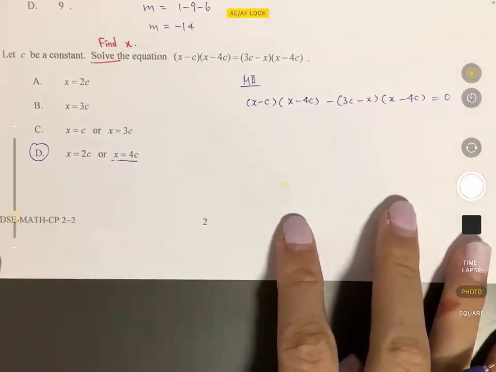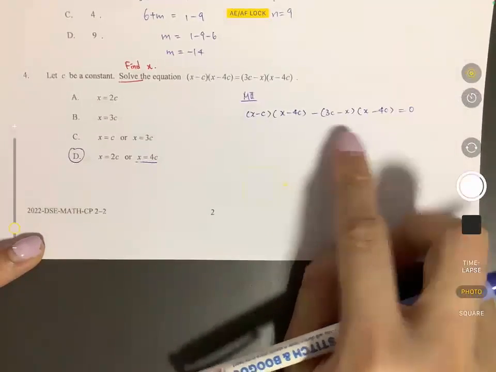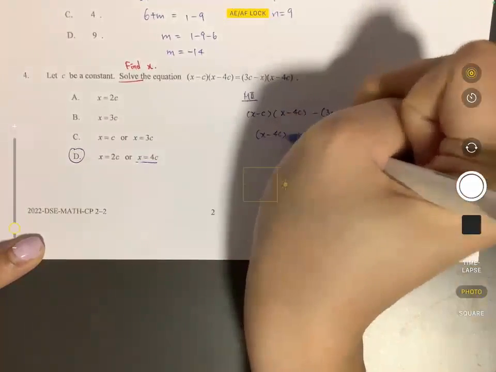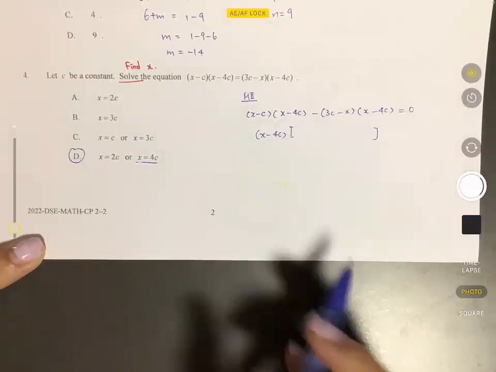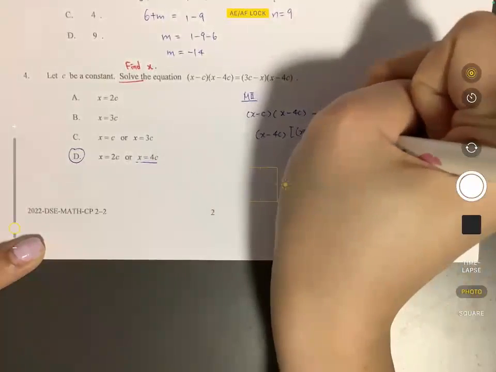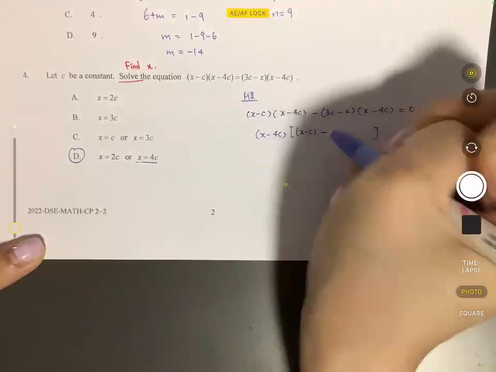And after that, we can take out the common factor. So that means x minus 4c is the common factor, right? So we can take out the common factor. And after we take out, we have a bracket that contains all the remaining parts. For the front, if we take out x minus 4c, the remaining should be the first bracket, x minus c. And then minus, because here is minus, okay?